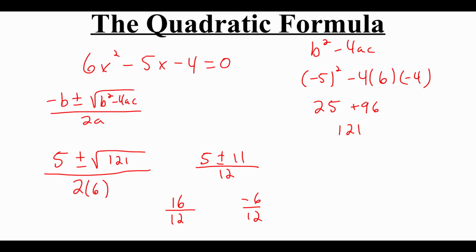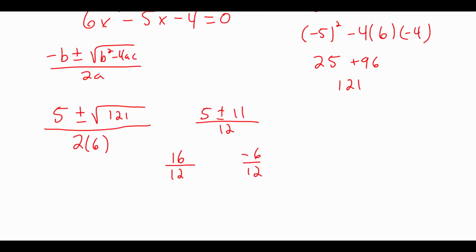We should reduce our fractions anytime we're able to. 16 over 12 is reducible by 4, so dividing top and bottom by 4, we get 4 over 3 as our first answer. Negative 6 over 12 is divisible by 6, so negative 6 divided by 6 is negative 1, and 12 divided by 6 is 2. So here are our two solutions to this quadratic equation: 4/3 and negative 1/2.